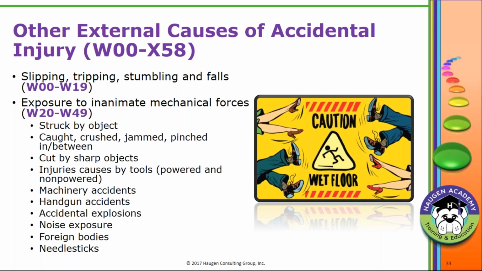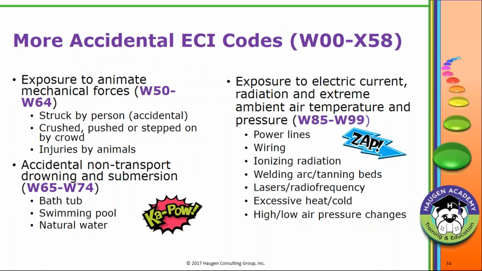These are all accidental things. So if you see the title of this slide is Other External Causes of Accidental Injury, because we have several similar codes, but some of them are for accidents, some of them are self-inflicted injury, and some of them are classified as assault, where somebody else has inflicted the injury.